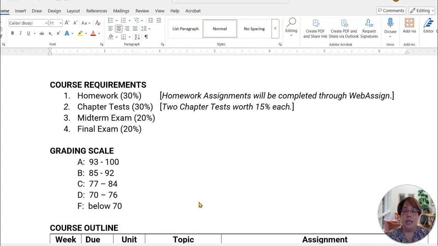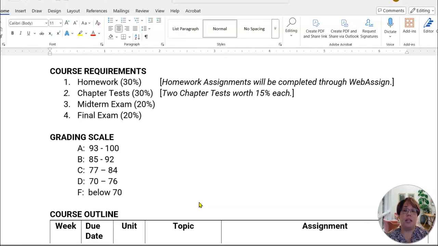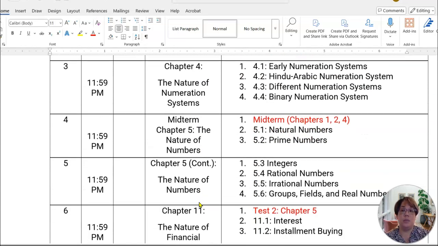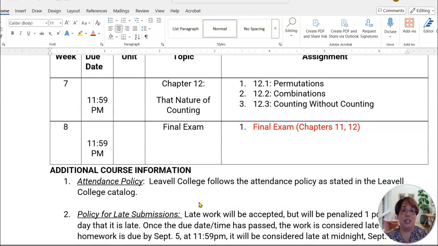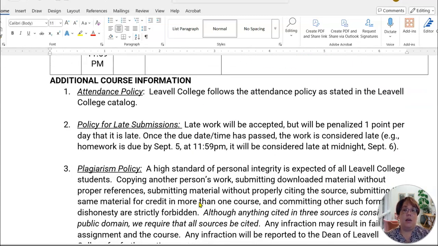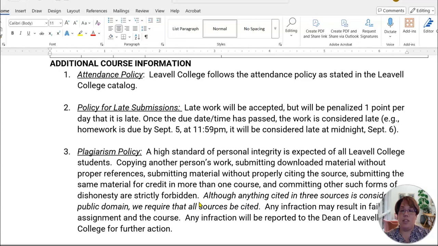Okay, and then everything else below this is going to be exactly what you would expect. So like the course outline, that's going to be done depending on the section that you are with. So I'm not going to go over that because it's going to depend on which semester that you're taking that.